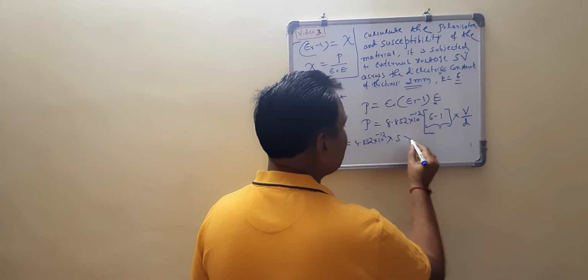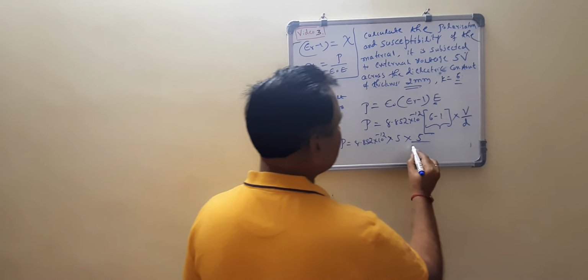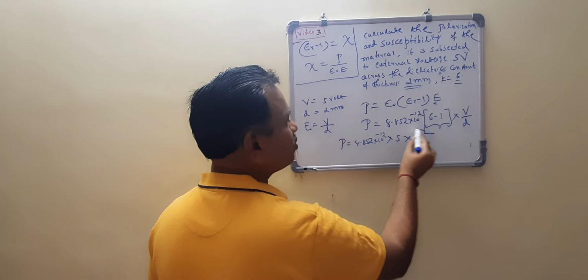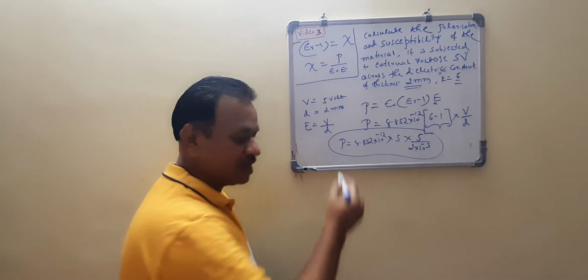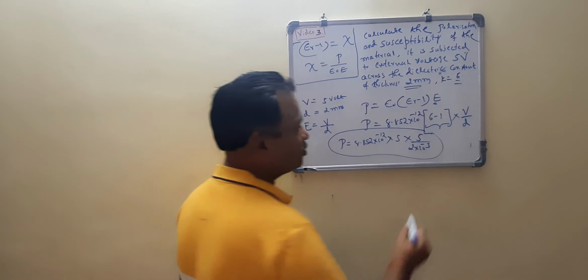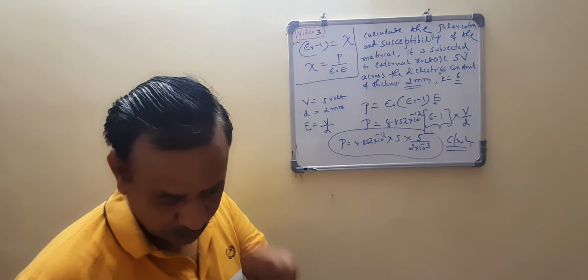And epsilon r is nothing but K, that is 6 minus 1 into E. Here E we don't know, but I know the voltage. We know that electric intensity equals V divided by D, where D is thickness. So P equals 8.852 into 10 to the power of minus 12 into 6 minus 1, which is 5, into the voltage 5 volt divided by the thickness 2 into 10 to the power of minus 3. Substitute all these values and calculate the value of P. And this unit is coulomb per meter square. The unit is very, very important.